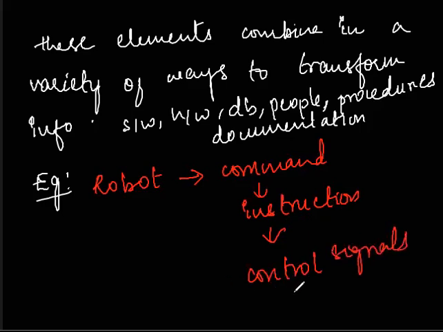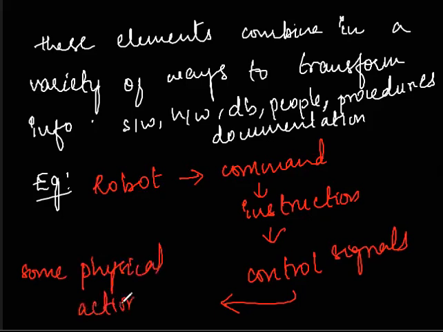These control signals cause some physical action. This physical action can be the robot moving forward, walking, or carrying something. So these are the different tasks. This is an example of how instructions are transformed to complete a physical action.